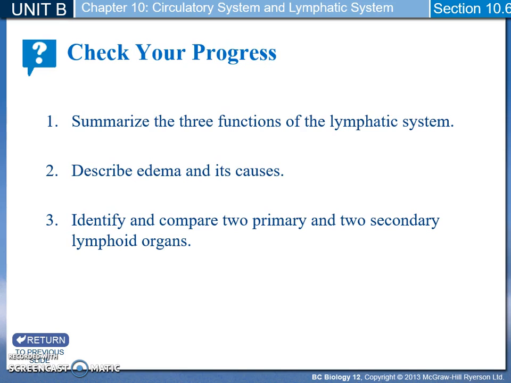So this looks at the lymphatic system, and as mentioned, again, it's a very important system, and the fluid throughout the body and its distribution is dependent largely upon this system working effectively.